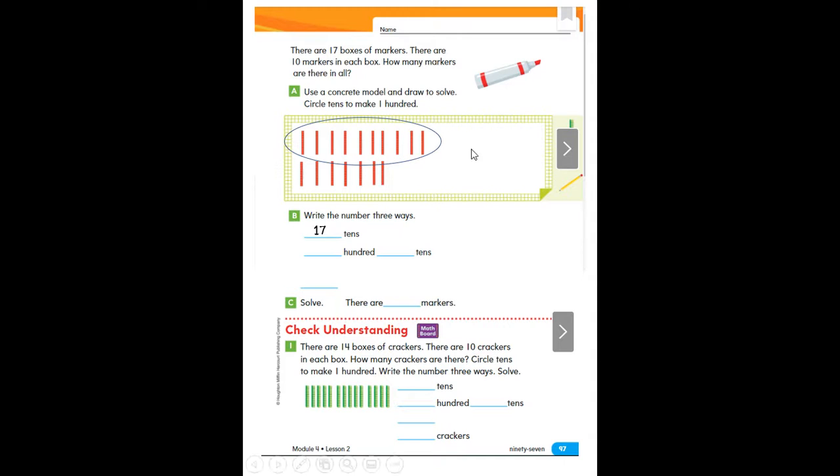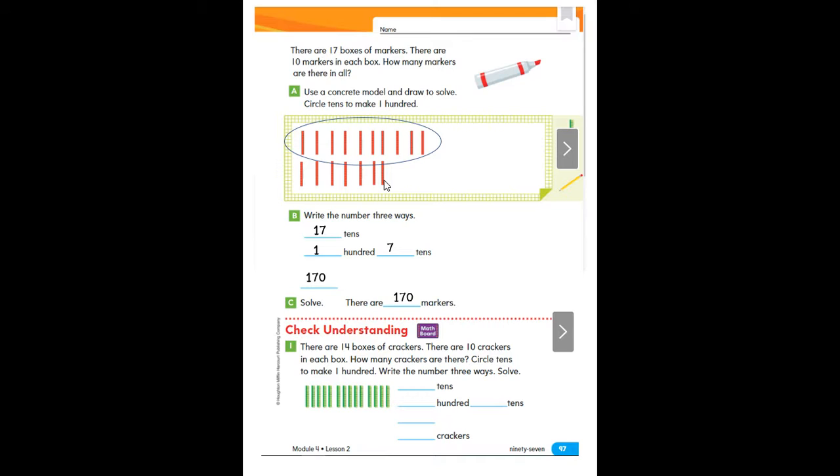How many hundreds do we have? Well, we have one circle around our 10, which makes 100. So we have 100. How many 10s do we have left outside our circle? 1, 2, 3, 4, 5, 6, 7. So we have 7 10s left, which makes 170. So there are 170 markers.